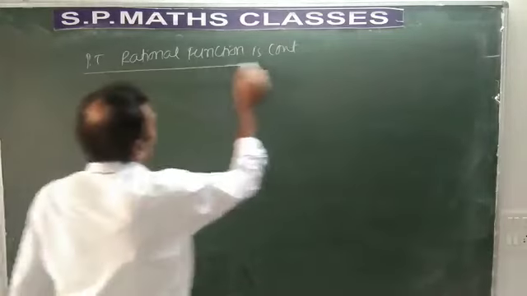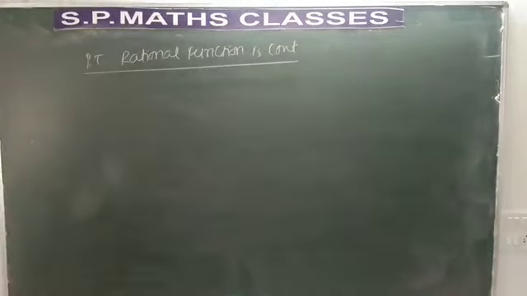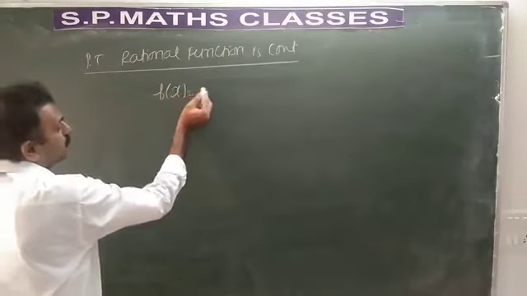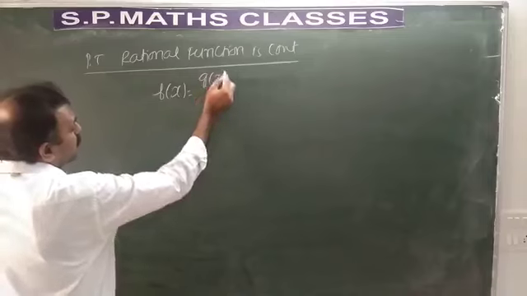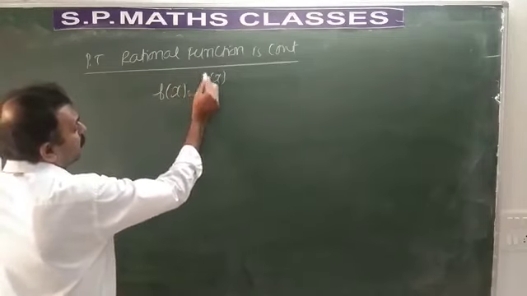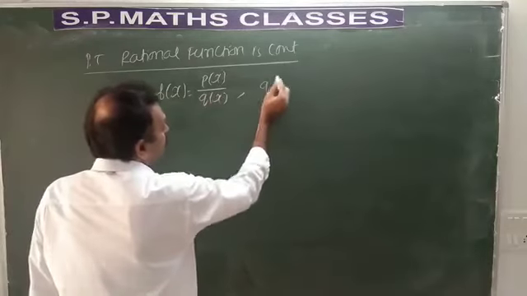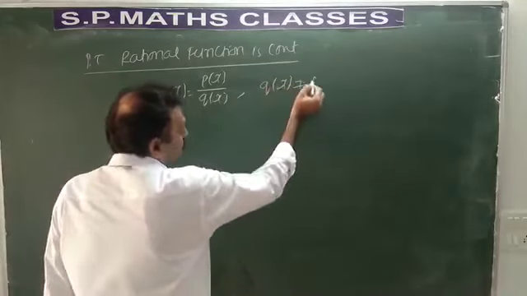I have to prove that a rational function is continuous. See how a rational function will be. f of x is equal to, suppose, p of x divided by q of x. This is the rational function where q of x is not equal to 0.